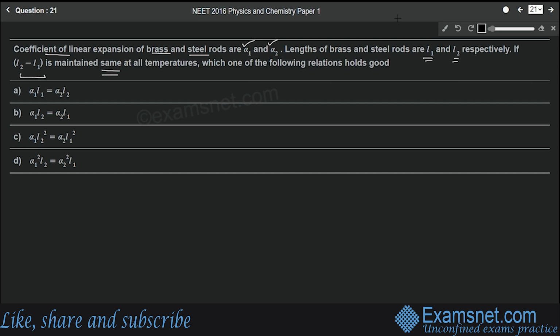We know that the change in length in case of linear expansion is given by the formula delta L equals L alpha delta T, where L is the initial length, alpha is the coefficient of linear expansion, and delta T is the change in temperature. So what will be the new length?